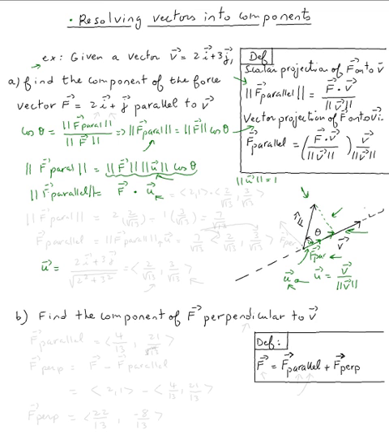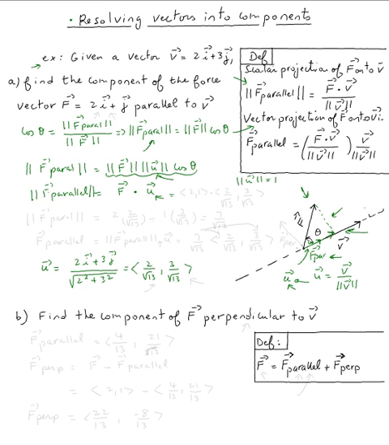So the u will be the vector v, which is 2i plus 3j, over the norm of v, which is the square root of 2 squared plus 3 squared. Let me write it in this form, it's just easier. So it's 2 over the square root of 13, since 9 plus 4 is 13, and then 3 over the square root of 13.